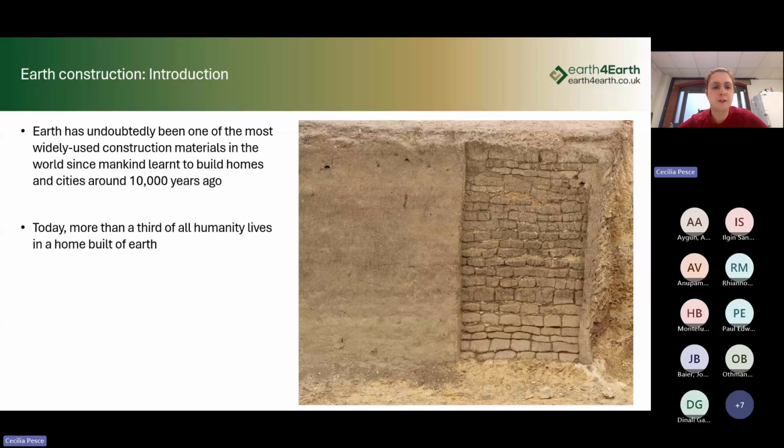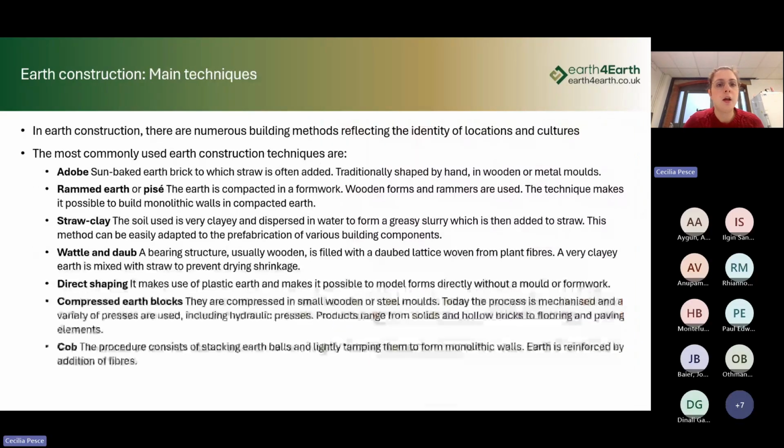There's quite a range of types of buildings made in raw earth, from very simple buildings to quite large and complex structures. So this is an overview of the main techniques. The techniques reflect, of course, the local knowledge and local culture. The most commonly used is adobe.